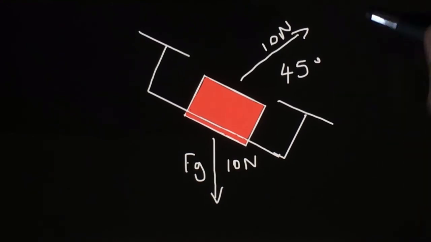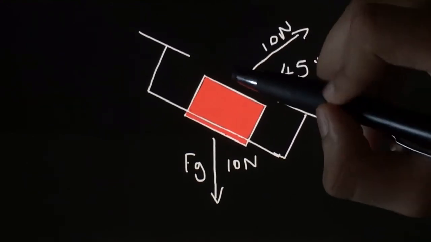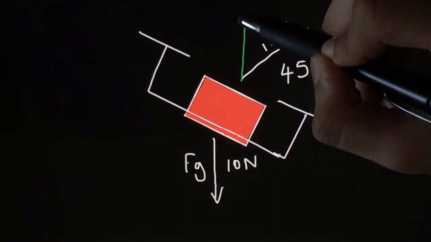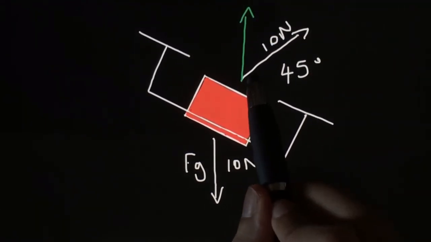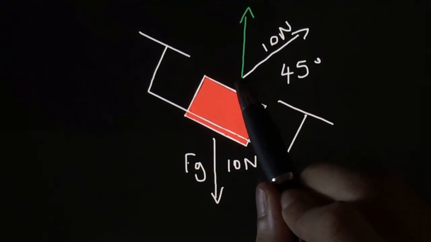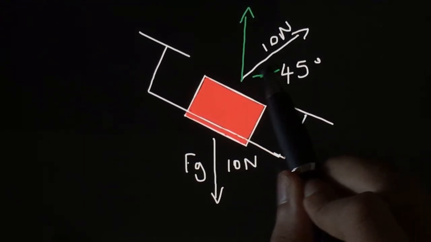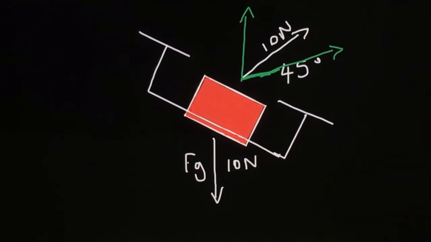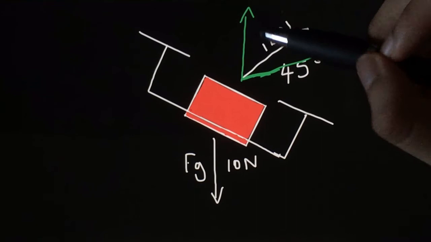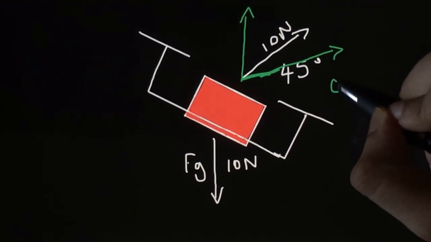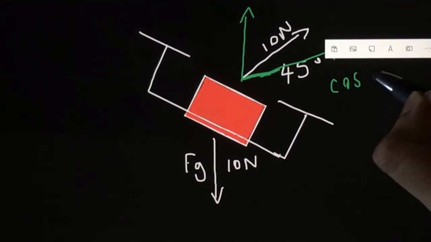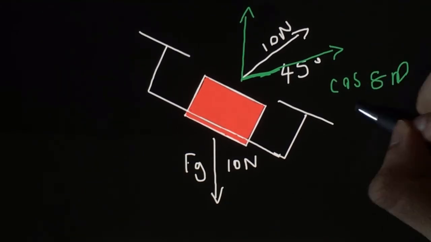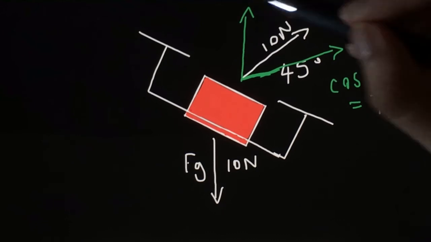So what do we do? How are we going to find out what these other vectors are that make up the 45-degree angle? You need to do a little bit of math. Cosine of 45 times 10, and you get around 7.